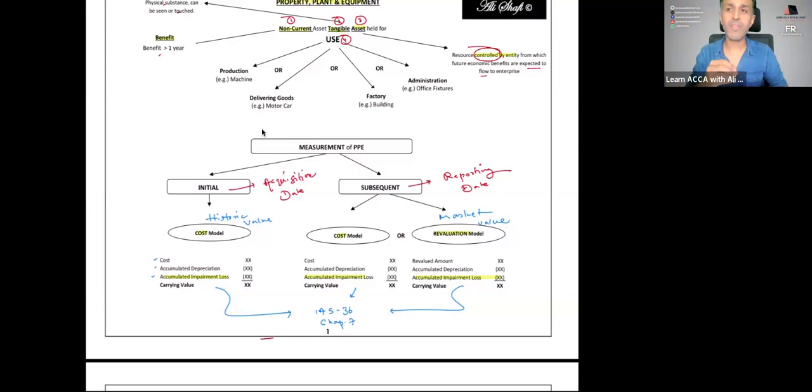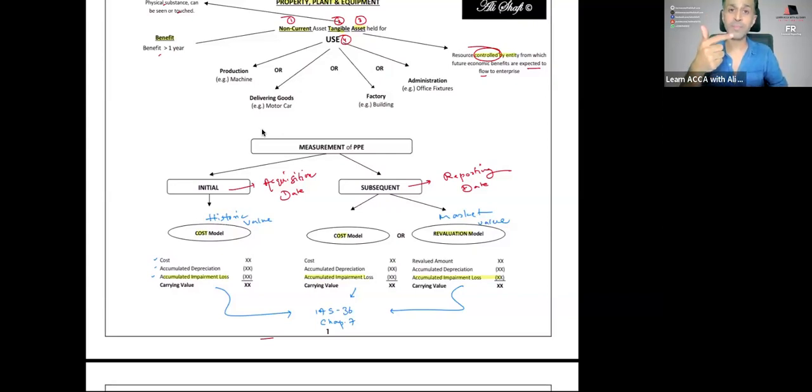Taking an example, a retail premises is property, plant and equipment of that business. How? Because a retail premises is tangible. It can be seen, it can be touched, it can be felt. It does have a physical substance. It provides the benefit for more than a year. Definitely it's a building. The life of that will be at least about 50 odd years.